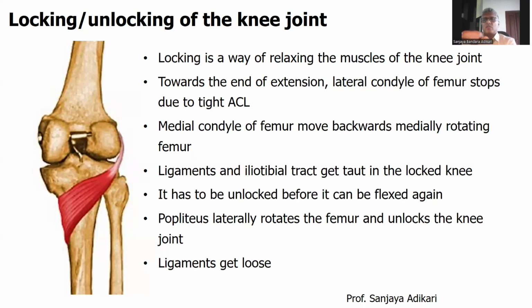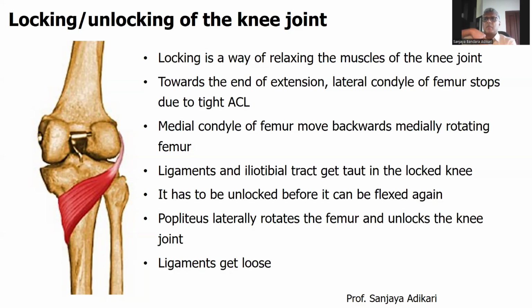And you cannot flex the knee joint from that point unless you reverse the rotation. So the femur has to laterally rotate and relax or loosen the ligaments before it can be flexed again.